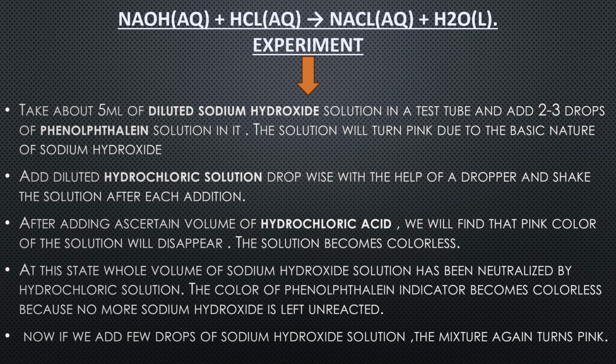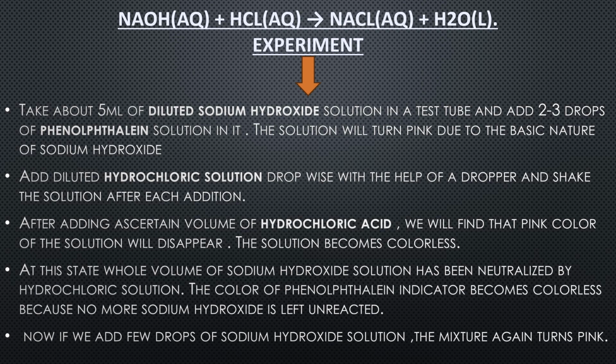At this stage, the whole volume of the sodium hydroxide solution has been neutralized by hydrochloric acid solution. The color of the phenolphthalein indicator becomes colorless because no more sodium hydroxide is left unreacted. Now, if we add a few drops of sodium hydroxide solution, the mixture again turns pink.